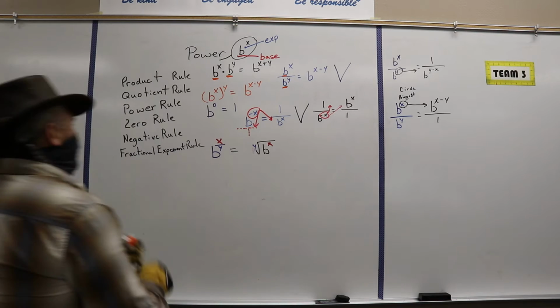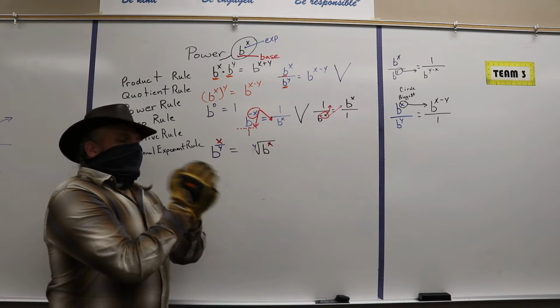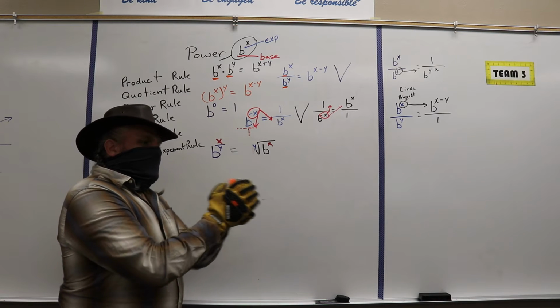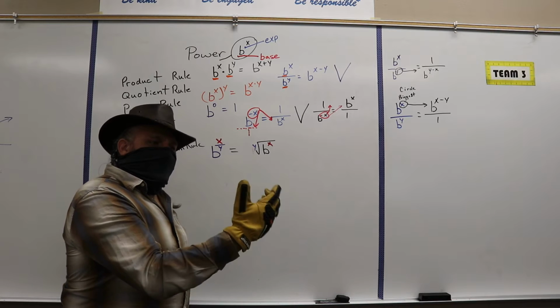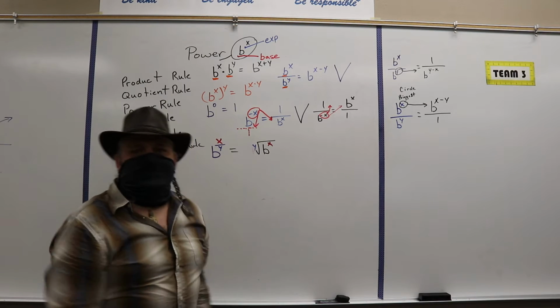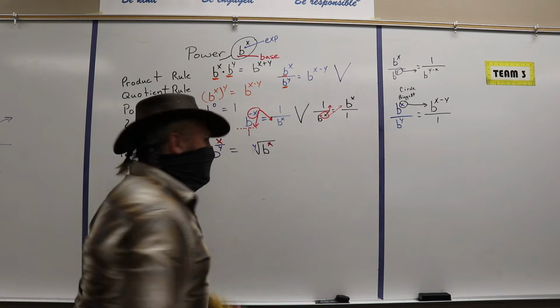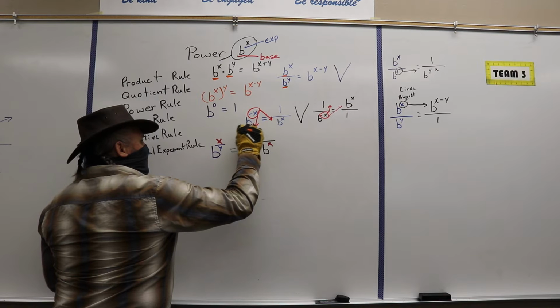Okay, so next, negative rule. Whenever you have a negative exponent, you're going to take that power, turn it positive, and bring it to the other spot of the fraction. So meaning there's really a fraction here, right? Let's get rid of that dot right there.